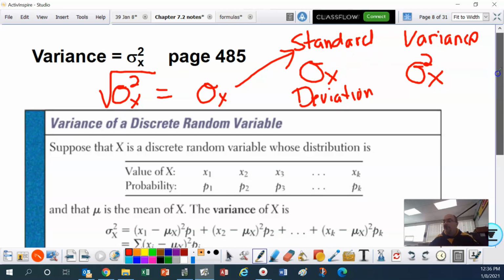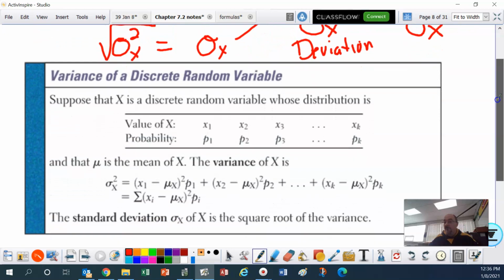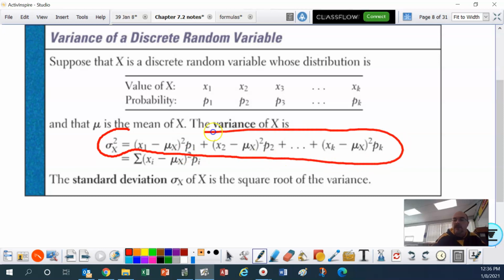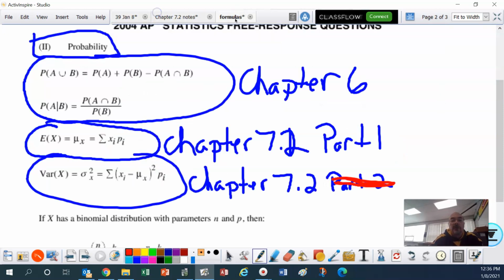So how do you find it with this information? Well, this thing right here looks really complicated, but it's not that bad. It'll make more sense when we look at the example. I'm not going to write all of that out. And this right here, ladies and gentlemen, that's what you see on the formula chart. See, right here. So this is the variance.